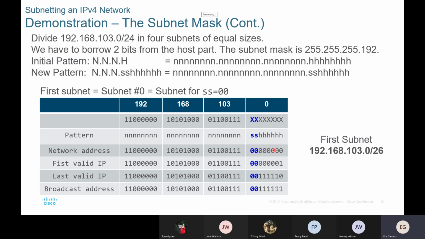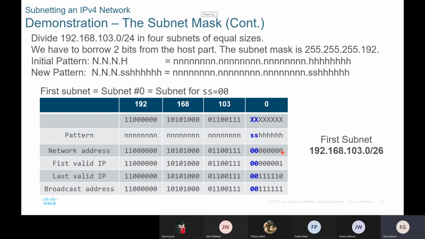How do I get the network address? All the host bits, how many host bits do we have here? 6. All these 6 bits, I put them in 0. If you put all of them in 0, what will this number be? It will be .0. So it does start in .0.